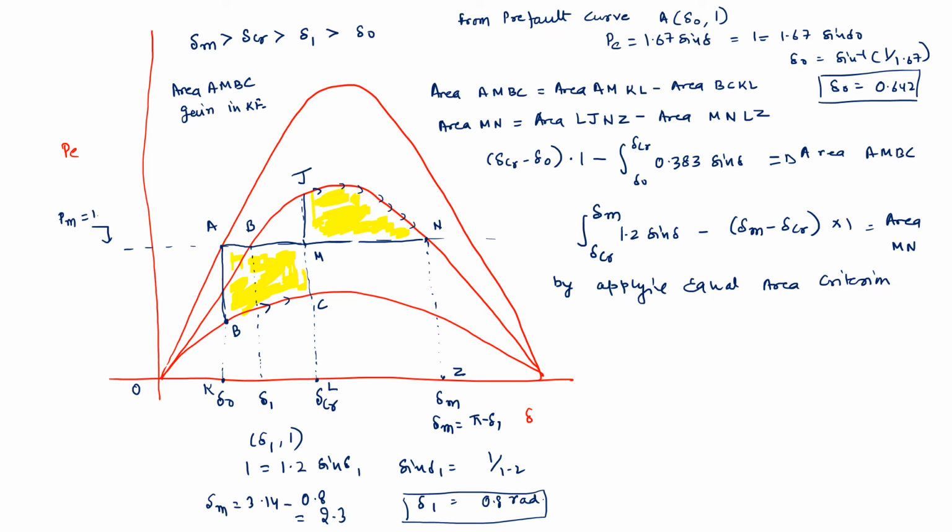The value of delta CR will be in between 0.8 and 2.3. If you solve it, you will be able to get delta CR.